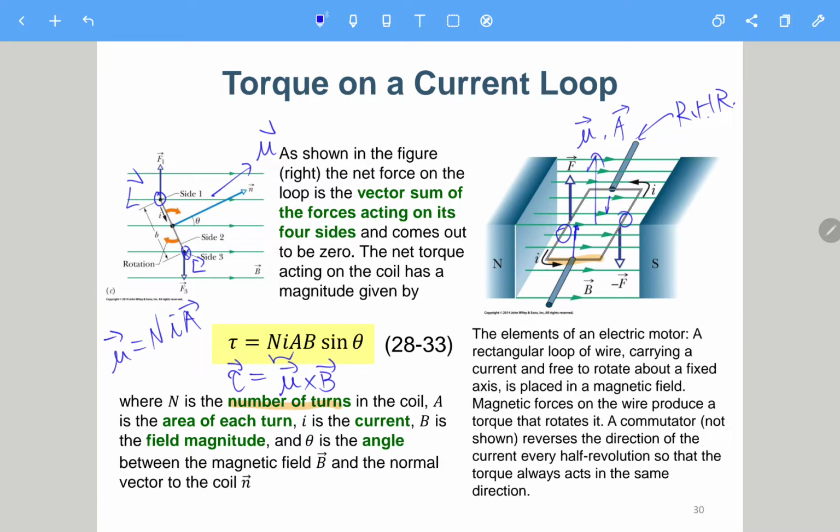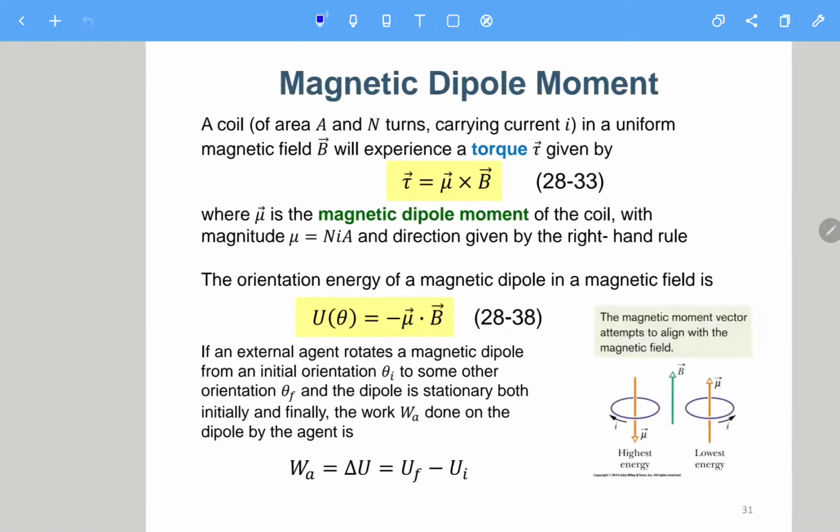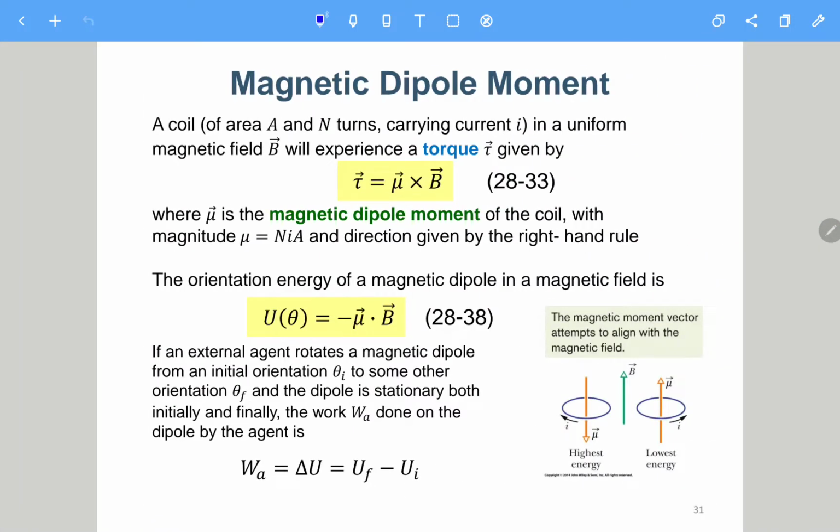So you can consider the torque. The torque is pointing into the page. Okay, so here we have this expression. The torque is mu cross B.